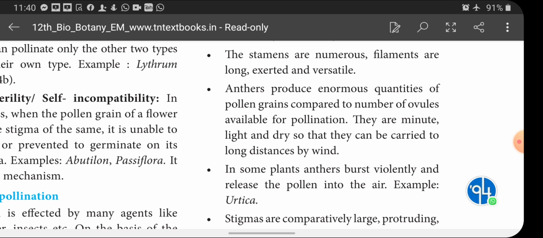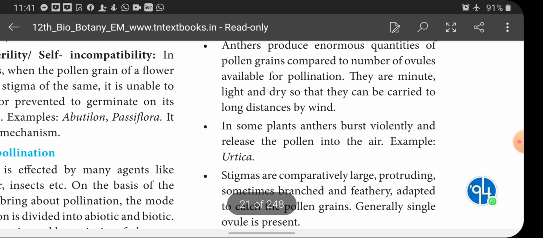What are the characters of pollen in wind pollinated plants? That also you may get as a question. Since the pollen is carried by wind, it should be minute, light and dry, so that it can be carried a long distance. In some plants, anthers burst violently and release the pollen into the air.